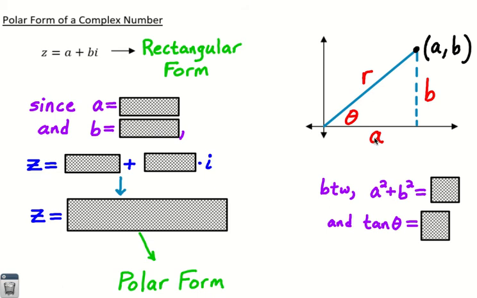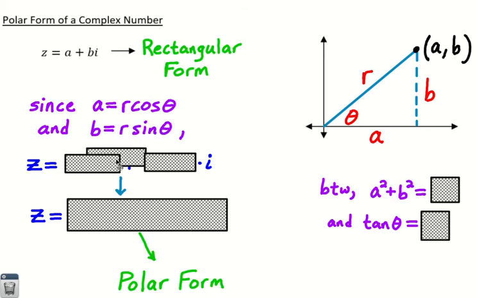So again, A and B are totally like X and Y. So what could we say A was equal to? Think of last section. A is just like X. So couldn't we just say A equals R cosine of theta? Just like last section, where we went a lot with the fact that X equals R cosine of theta. And so B we could say is R sine of theta.